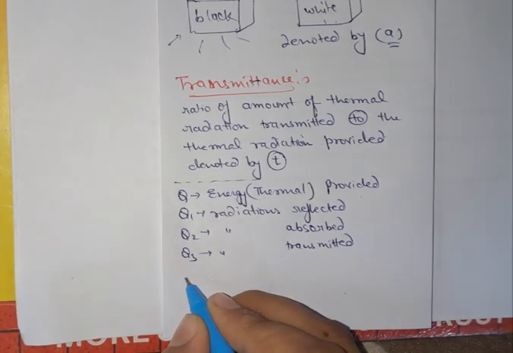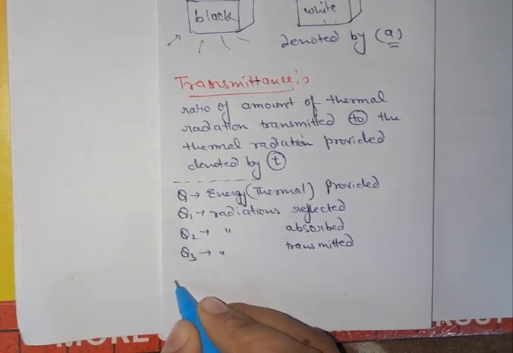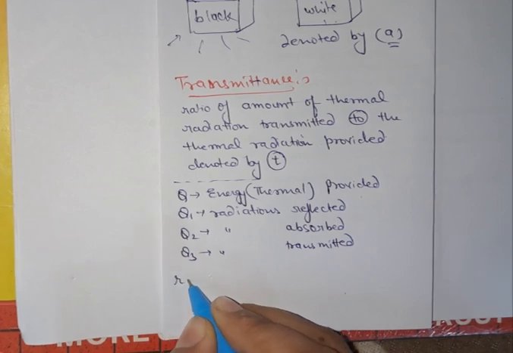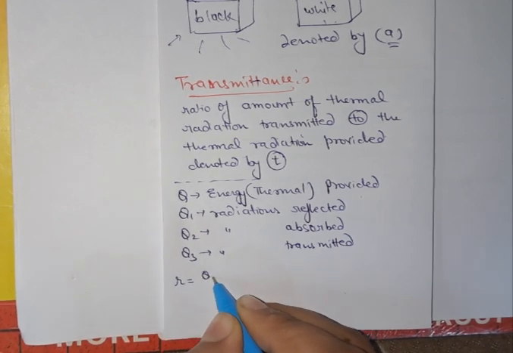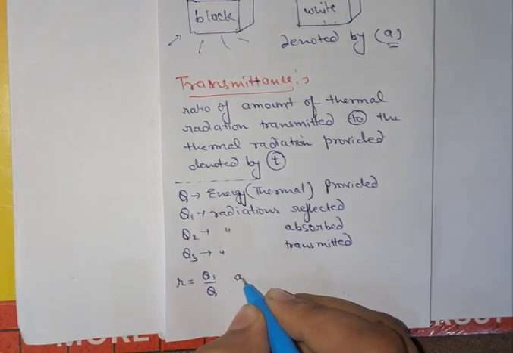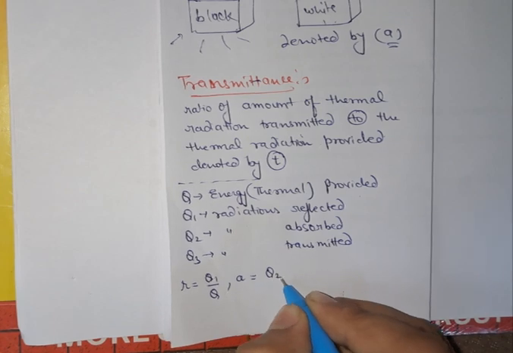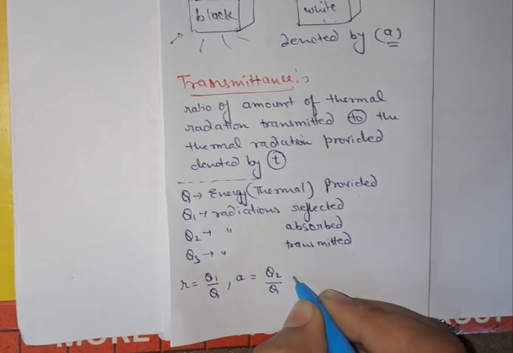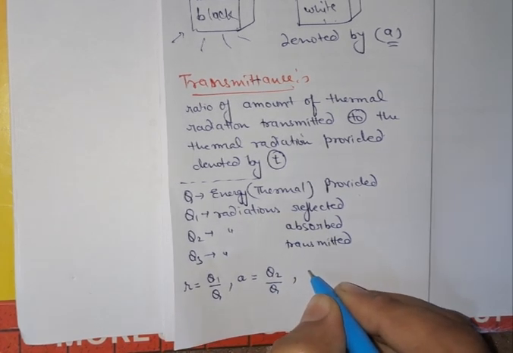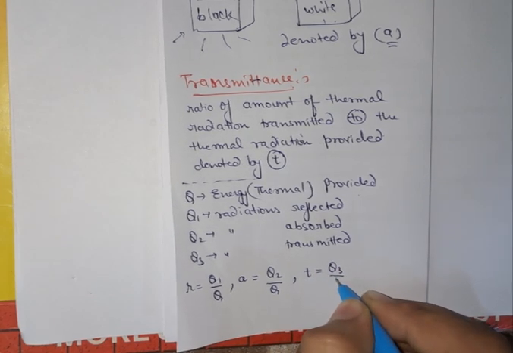So according to the definition, reflectance R is equal to Q1 by Q, absorptance A is equal to Q2 by Q, while transmittance T is equal to Q3 by Q.